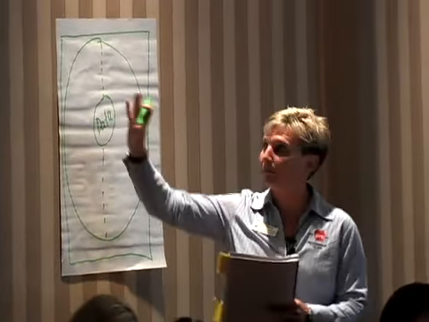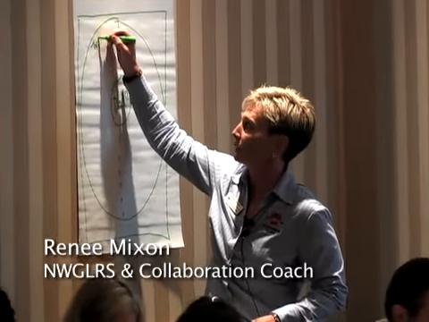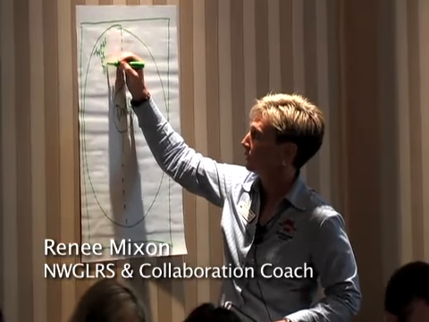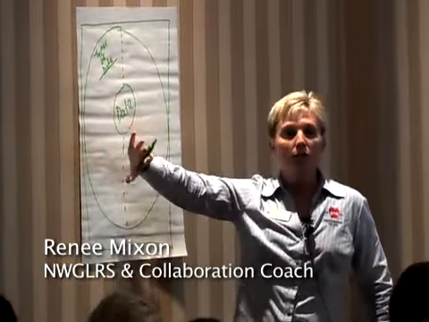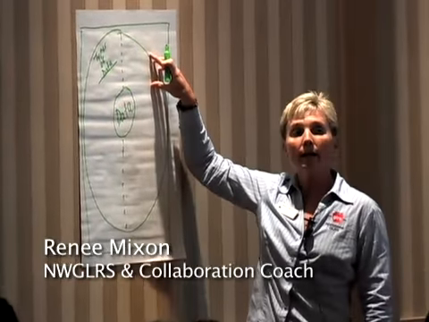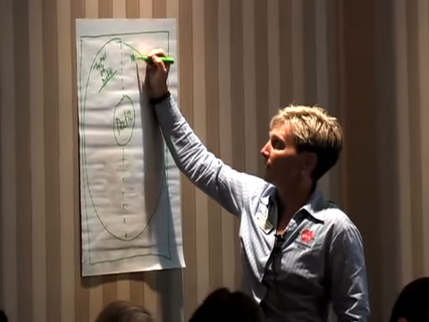On the left-hand side of your map, what I want you to put there are types of data you collect at your school already. You're just going to brainstorm as quick as you can, all of that. And then on the right-hand side, you're going to put what you do with that data.